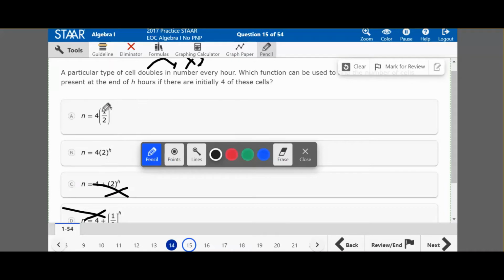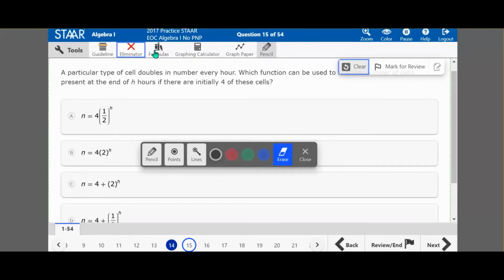It doubles every 2 hours, so it's not doubling every half hour, so it wouldn't be A. It doubles every 2 hours, so 1 every 2 is the rate, and it's increasing by times 2. So it would be B. And if you want to check it, you can just plug in numbers to see if you're right. Oops, erase, clear. Okay, sorry.